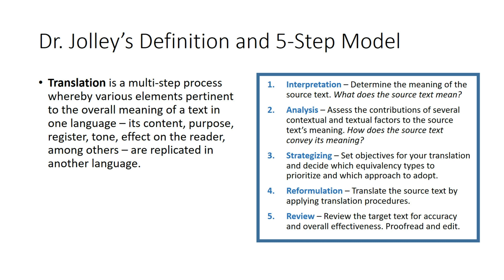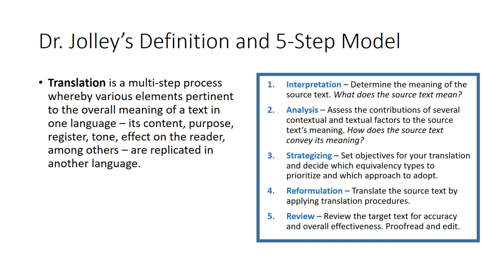The third step when we're translating is to strategize. This involves setting an objective for your translation and deciding which equivalency types to prioritize and which translation approach to adopt. We'll be talking more about this in this presentation. The fourth step is what most people think of as translation.